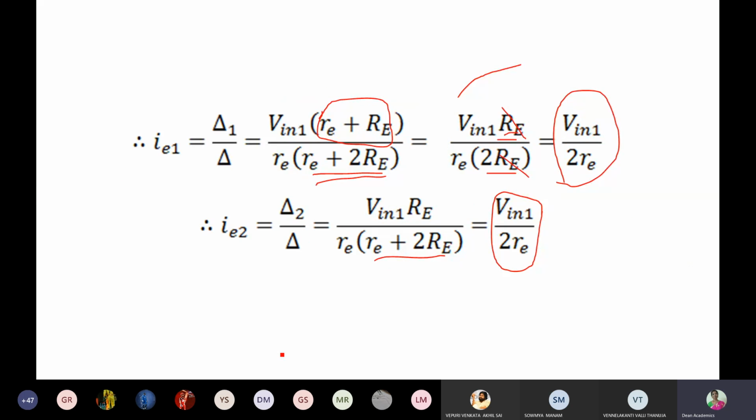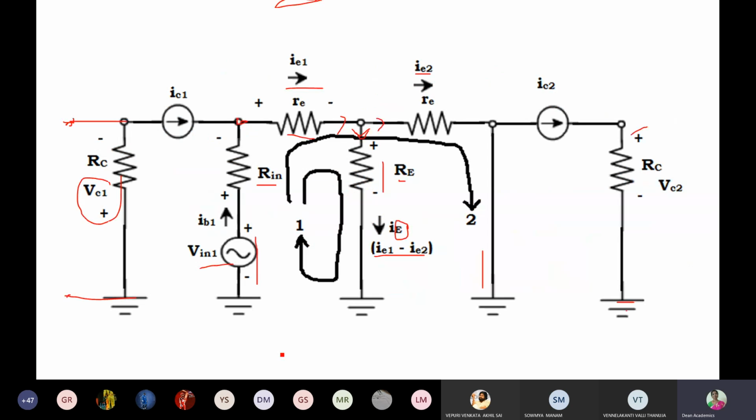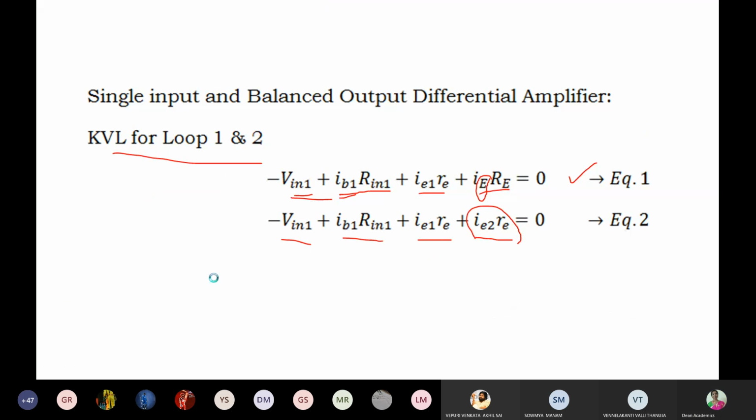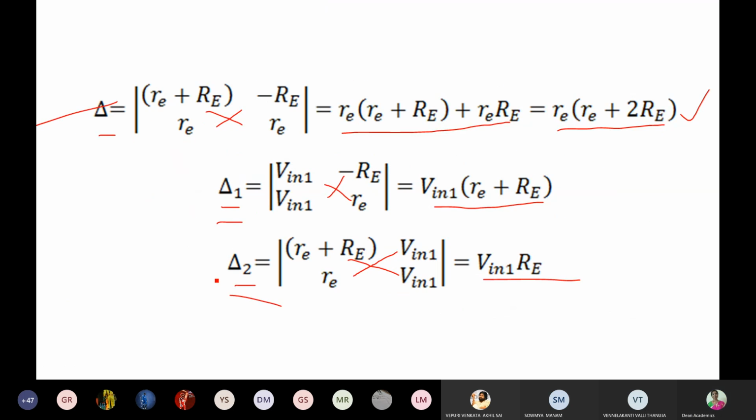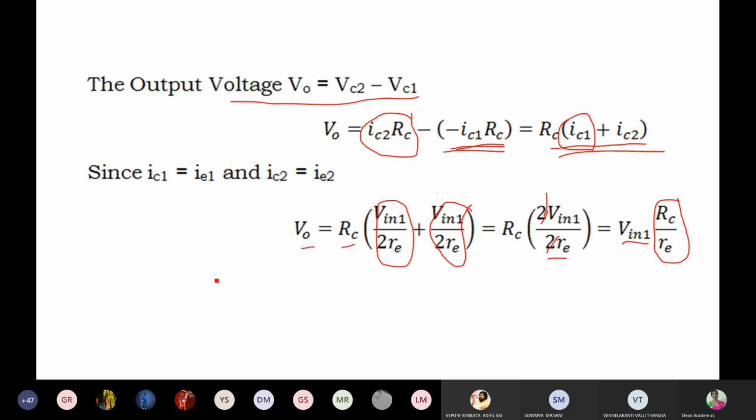VC1 is minus IC1 RC. I have shown you why it is minus IC RC. See, VC1 is the voltage drop across this resistor, right? Actually IC1 direction is in this direction, therefore we write minus IC1 RC.